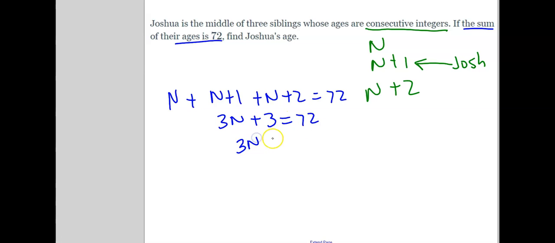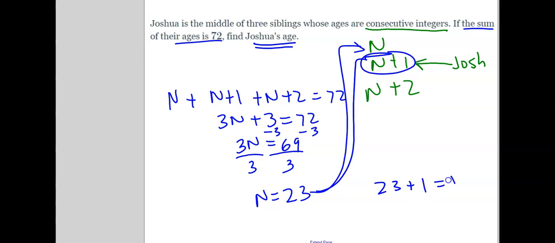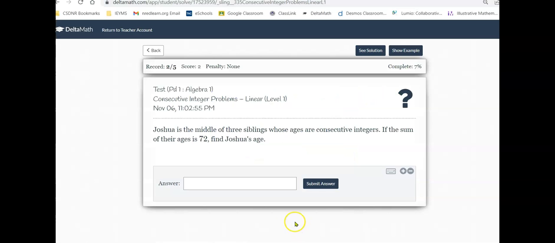Subtract 3 from both sides, my inverse operation. Divide both sides by 3. And this gives us the value of the first sibling. But we want to know Josh's age, and Josh is the second sibling. So 23 plus 1 is Josh. So Josh is 24. So we can type in that Josh is 24 years old.